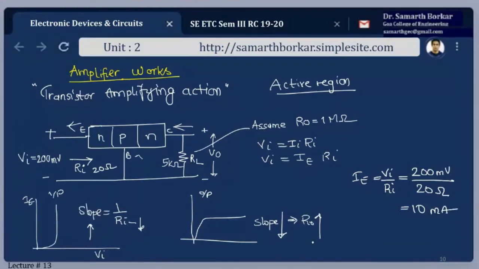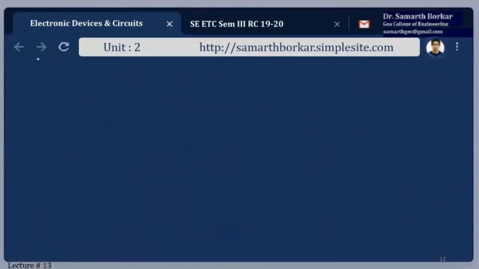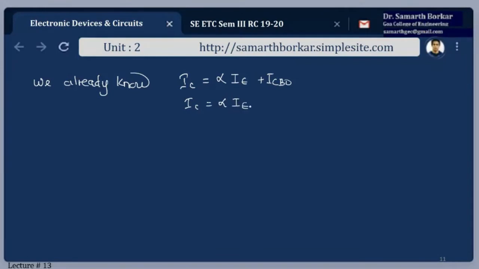Now we already know that IC is equal to alpha times IE plus ICBO. This is the leakage current, which is a function of temperature. It is very small as compared to this value, so we can neglect it. So I can write IC is equal to alpha times IE.